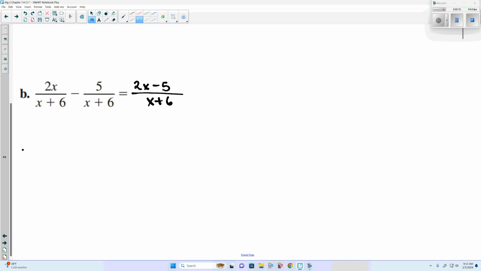Normally we would put parentheses around, especially the second one, but since they're both one term, we don't necessarily need it here. Well, are 2x and 5 like terms? No. Is there a greatest common factor between 2x and 5? No. So we can't factor anything out. 2x minus 5 is not the same thing as x plus 6. So that's actually as far as that goes.